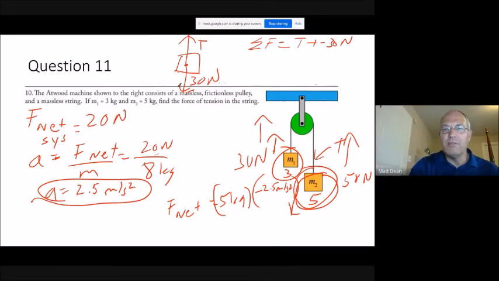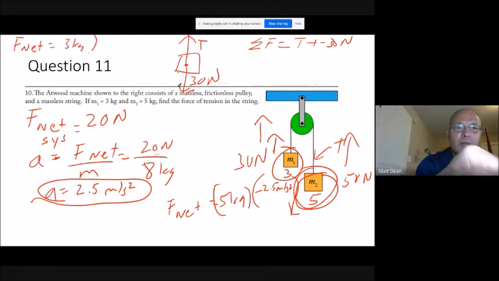Let's calculate the net force on that 3 kilogram box. So F net equals the mass, 3 kilograms, times the acceleration, positive 2.5, because this thing's going to accelerate upward. So let's see, that is what, 7.5?